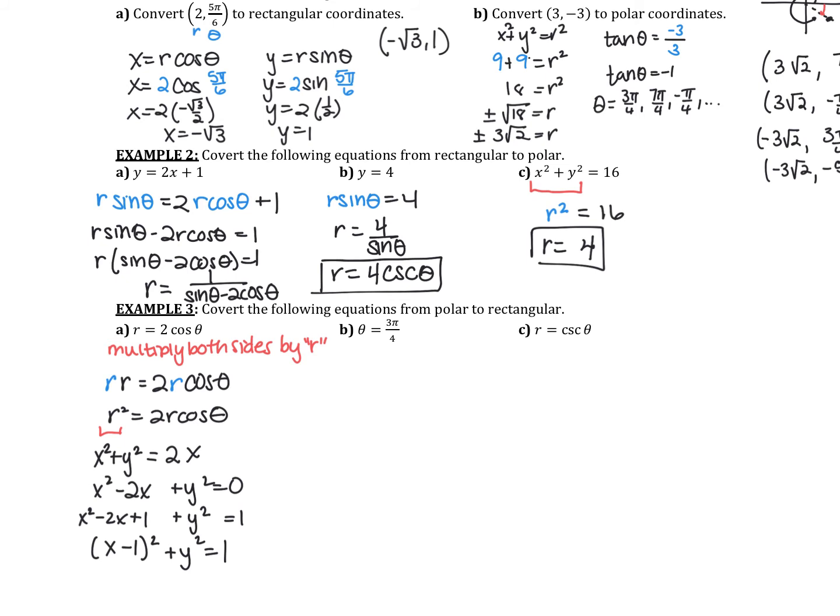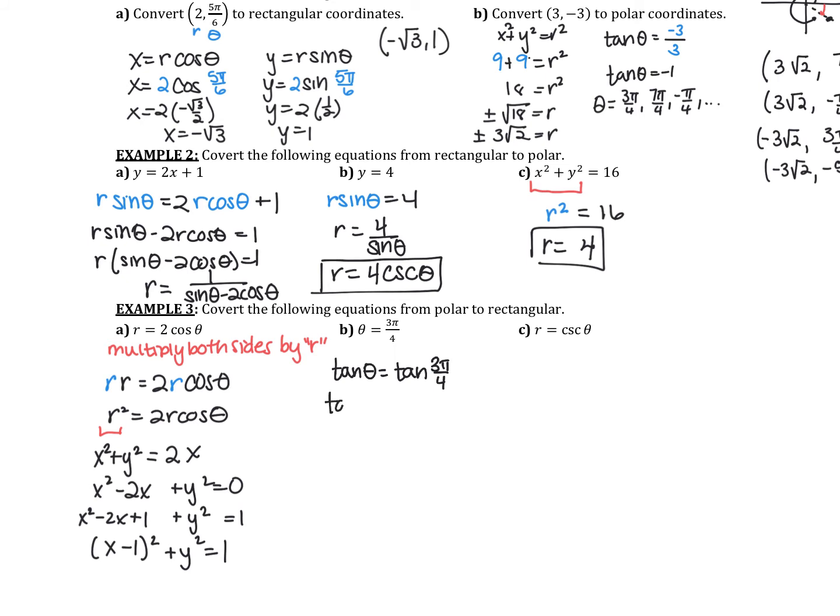All right, this one's a little funky. Theta equals 3 pi over 4. Well, I don't really have any information about just theta, but I do know stuff about the tangent of theta, but this doesn't say tangent of theta. So what if I take the tangent of both sides? Let's rewrite this as the tangent of theta equals the tangent of 3 pi over 4.